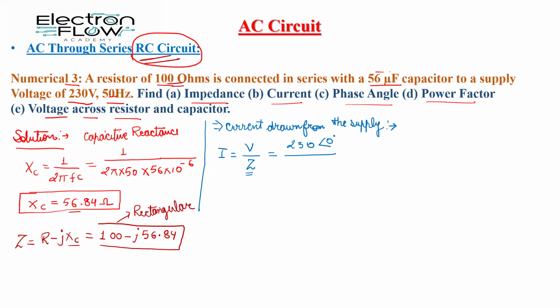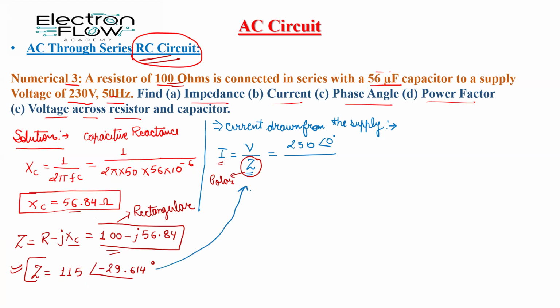We have to convert this rectangular form into polar format. After converting, I get Z equal to 115 at an angle of minus 29.614 degree. Now I have the impedance in the required form.